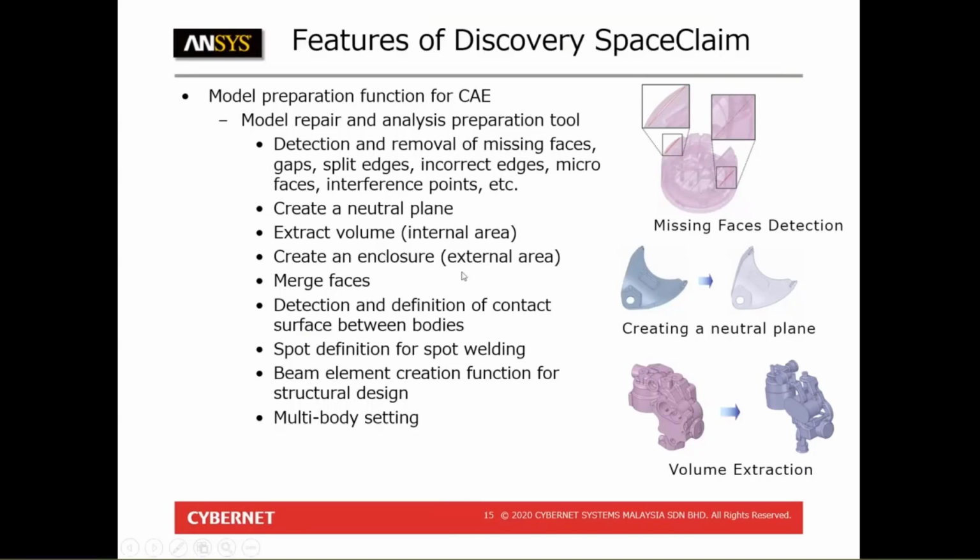You can create an enclosure for external fluid analysis. You can merge faces if there's a problem with the face and then you think if it's merged, it will be much better. You can do that in the Discovery SpaceClaim. Spot definition for spot welding. If you are interested in spot welding, Discovery SpaceClaim can define the spot welding easily.